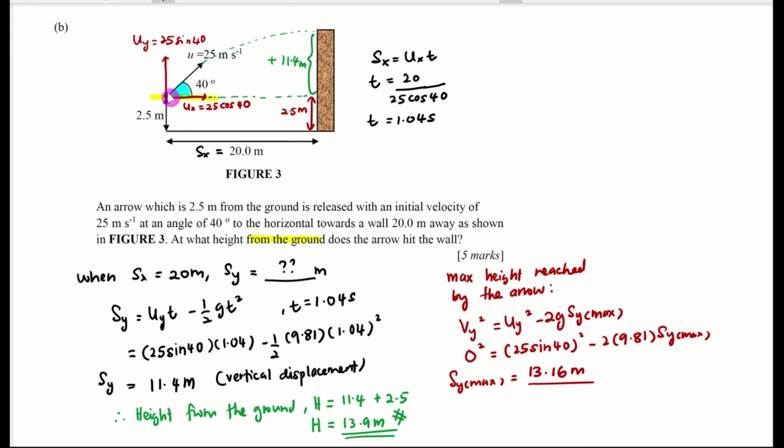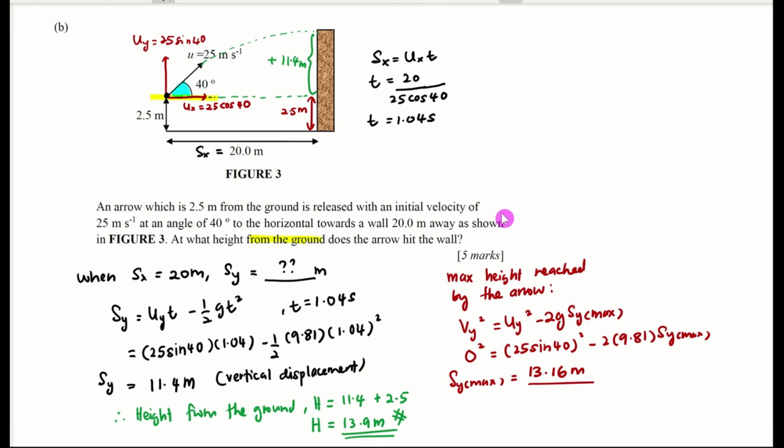Okay, showing that the arrow is moving upward, still moving upward, and this is 11.4 meter from the launching point. Bila kita kira SY, dia mesti pada level mana dia dilepaskan. Okay, iaitu launching point dia ke tempat arrow itu kena tadilah. So 11.4. Jadi jawapan dia bukan 11.4. So kita kena tambah dulu dengan 2.5 meter from the ground. Okay, so the answer is 13.9 meter.